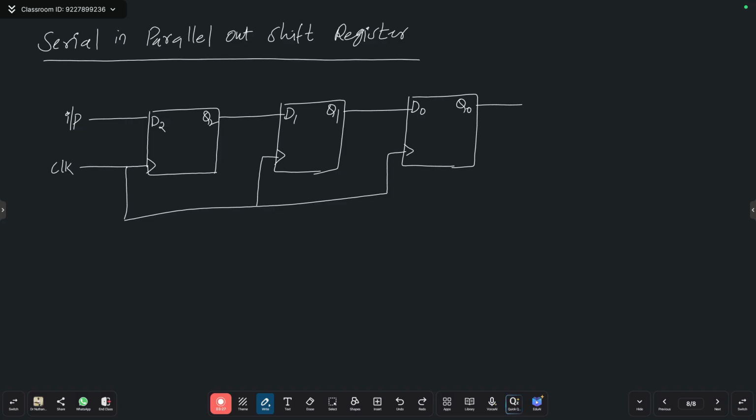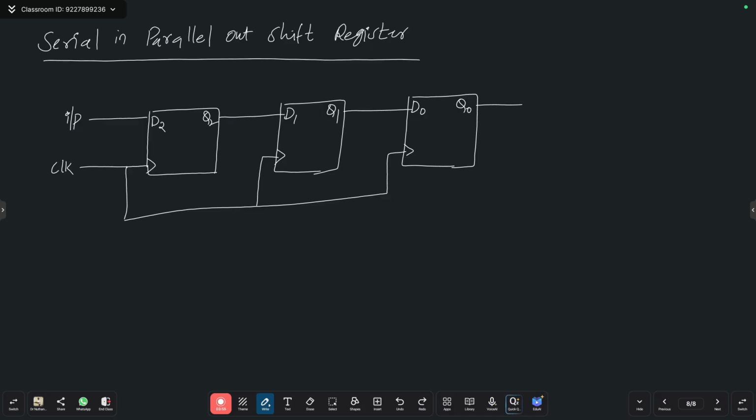So we need to use which flip-flop? Tell me. Which flip-flop is suitable for this operation? D flip-flop. Because D flip-flop, I told you very clearly, only the information is going to transfer. That is why it is a transfer flip-flop.